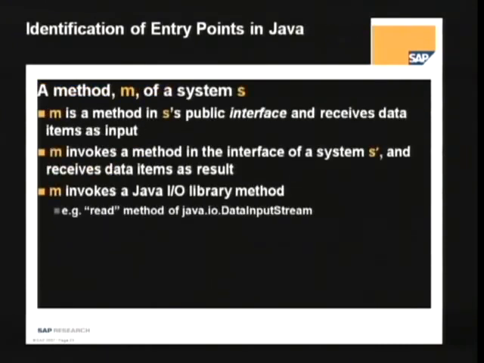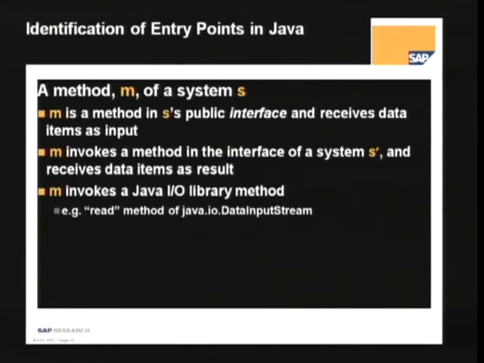So how did we identify the entry points in Java? We look at the different interfaces used in the application. M is a method in a system's public interface and receives data items as input. So we look at which kind of methods we should look at: the methods in the public interfaces which receive data as input, and M invokes a method in the interface of a system, right?